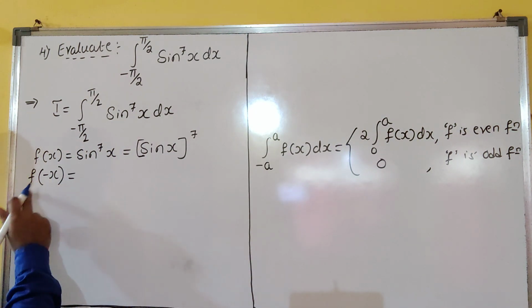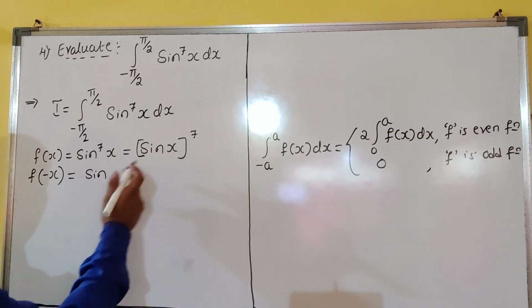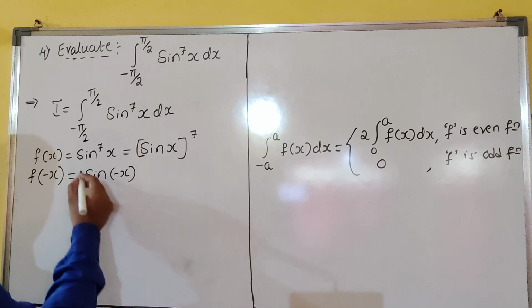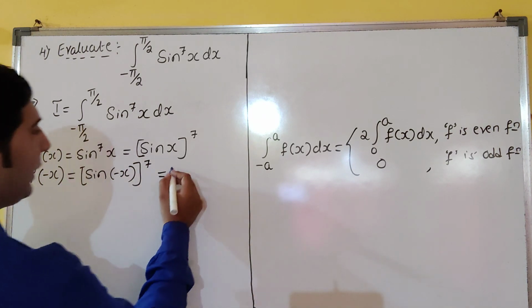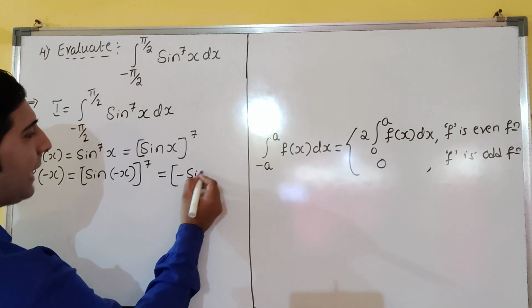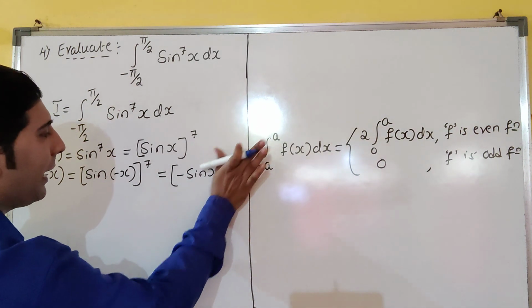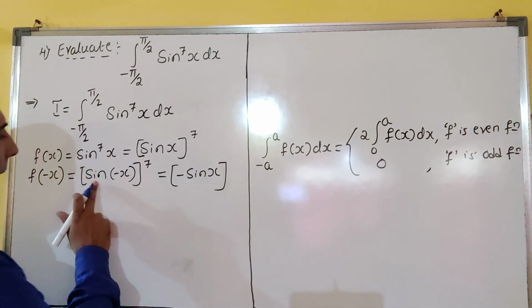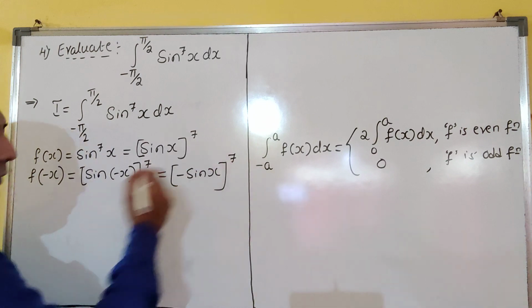So f of minus x is what? Where x you replace by minus x, raised to 7. Sin of minus x will give minus sin x, raised to 7.